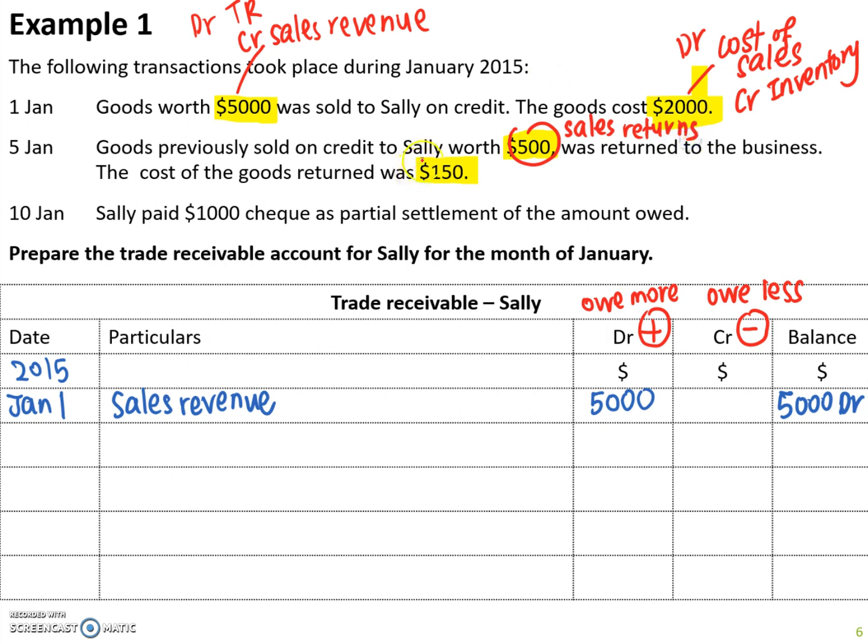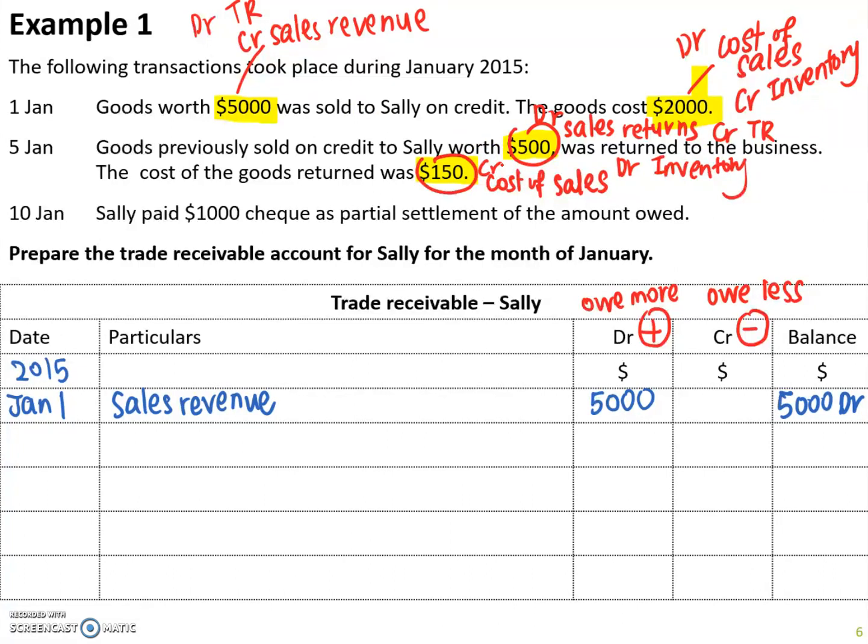Okay, and this $150 is actually the cost of sales. Okay, if you're going to do our journal entry, okay, it will be debit sales returns, credit trade receivable, debit inventory, okay, credit cost of sales.